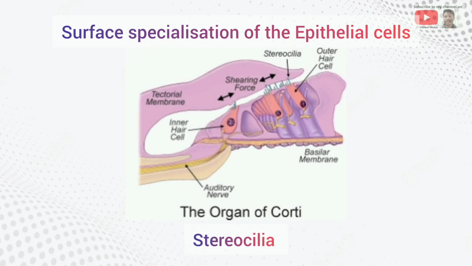Stereocilia are extremely long microvilli which appear thread-shaped, extending from the epithelial cells. These are non-motile structures and they increase the surface area of a cell. Stereocilia are present on the epithelial cells of the epididymis and the hair cells in the inner ear.